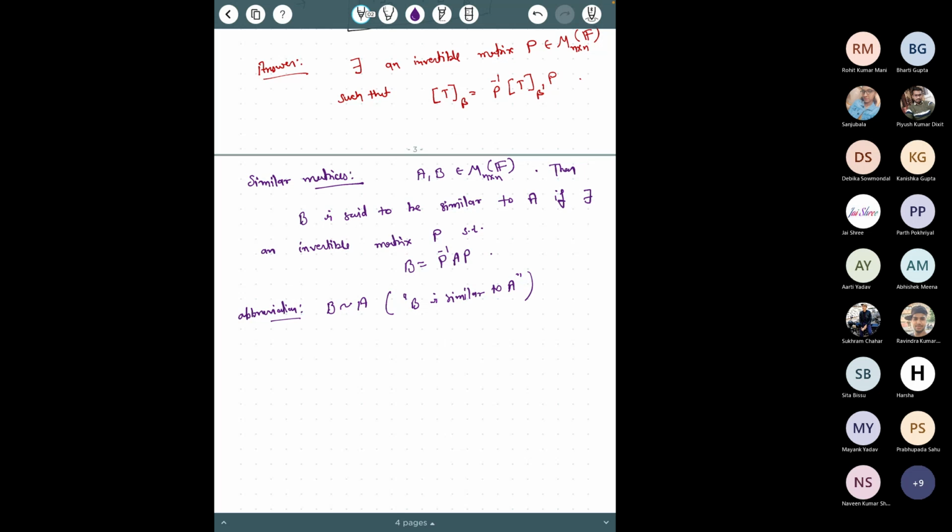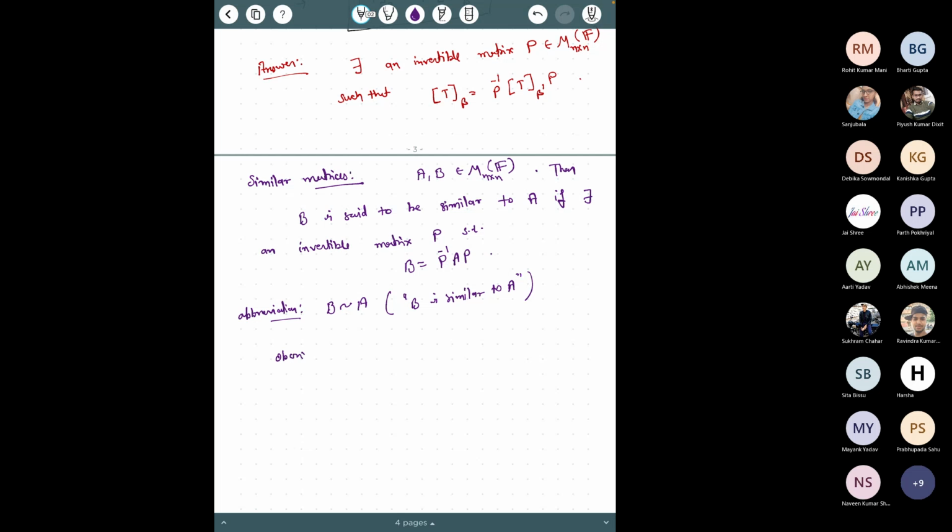If you observe, you can conclude that this similarity is a relation on the set of all matrices of size n cross n. Two matrices are related if they are similar. Not only is it a relation, it is an equivalence relation on the set of n cross n matrices.